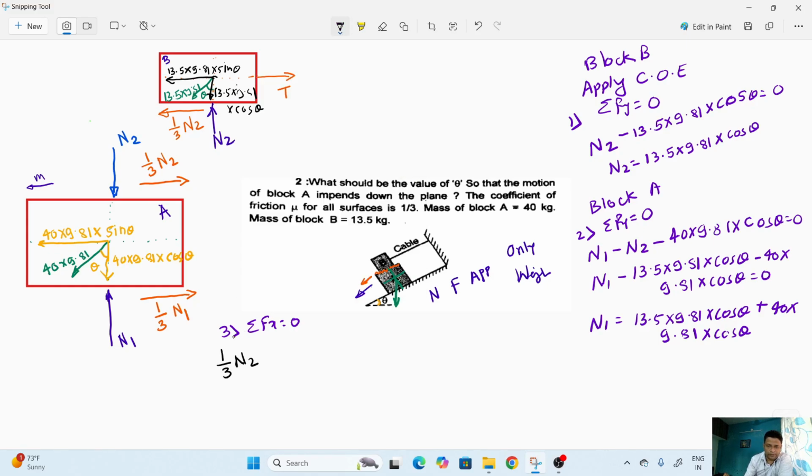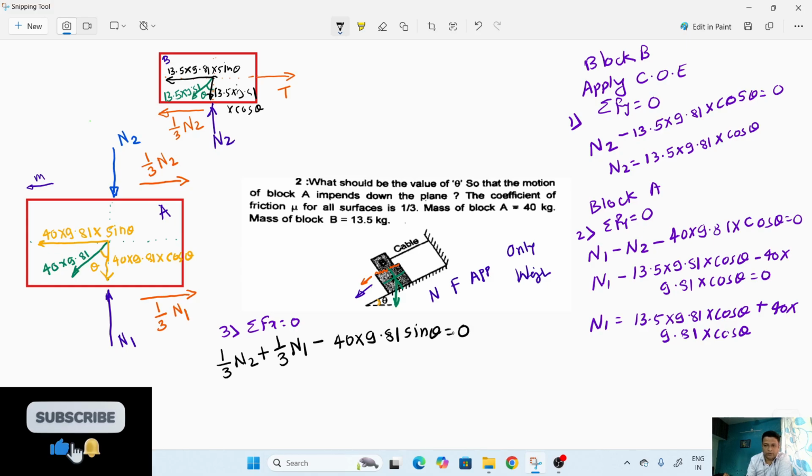1 by 3 N2 plus 1 by 3 N1 minus 40 into 9.81 into sine theta is equal to 0. This is the simple equation of this, right?